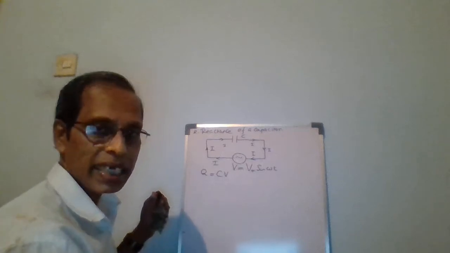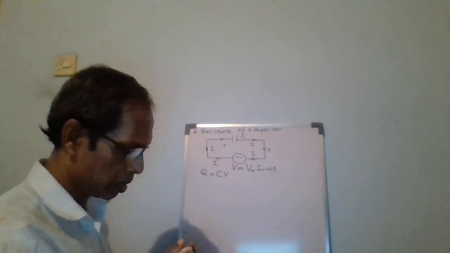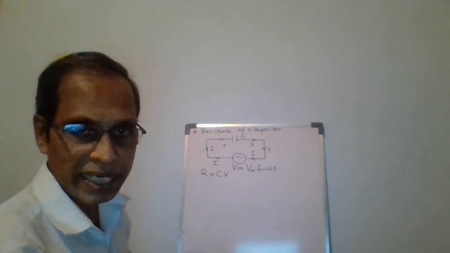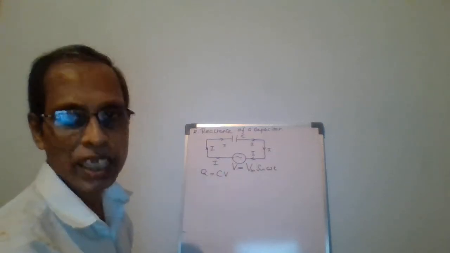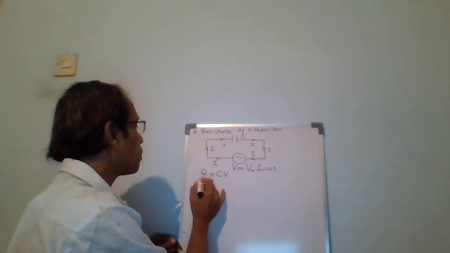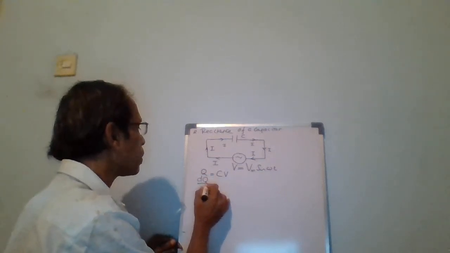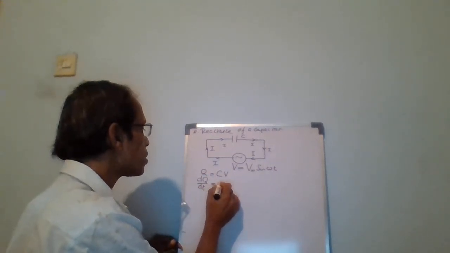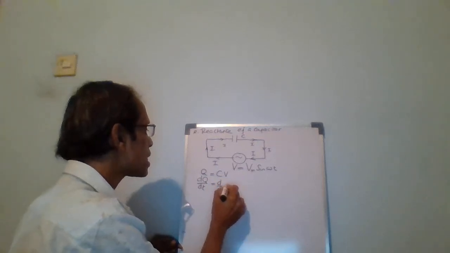If we differentiate both sides with respect to time, dq over dt is equal to d over dt of CV.